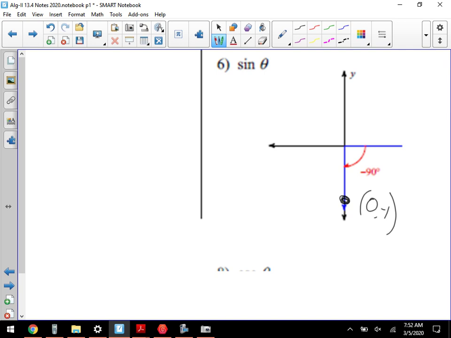Sine, what comes first in the alphabet, cosine or sine? Cosine comes first in the alphabet, x or y. So sine goes with y. What is your y value at that coordinate? Negative 1. You have to ask yourself those questions, guys. That's the one that most of you will get wrong. You've got to remember to ask yourself those questions.